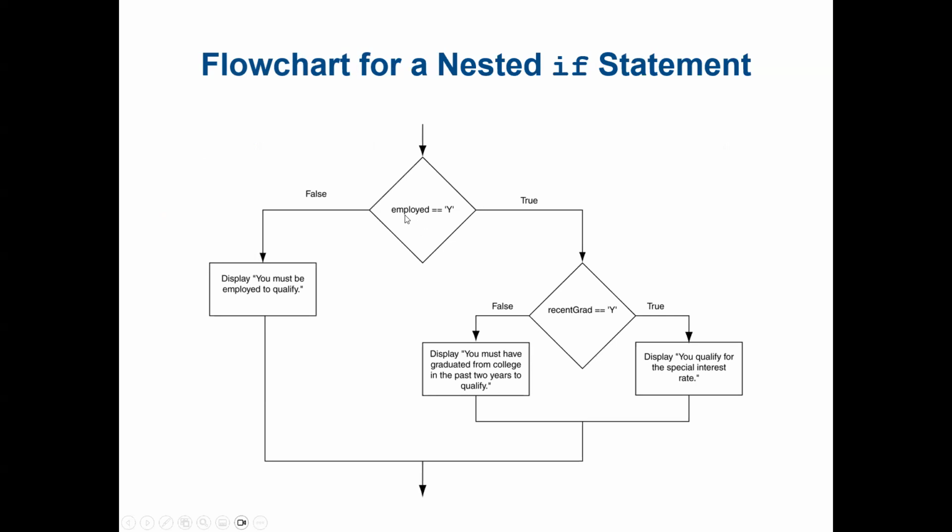In the flowchart, we say employed yes or Y. If it's false, display you must be employed to qualify, which means you are not employed. If it's yes, or Y is true, then we check if it's a recent graduate. So this will be a nested if statement under the if statement. If this condition is false, we display on the left side. If it's true, we display on the right side.